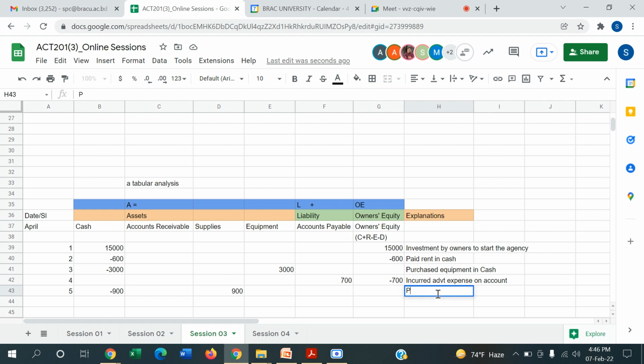How can we write it down? Purchased supplies on cash. Number 6.